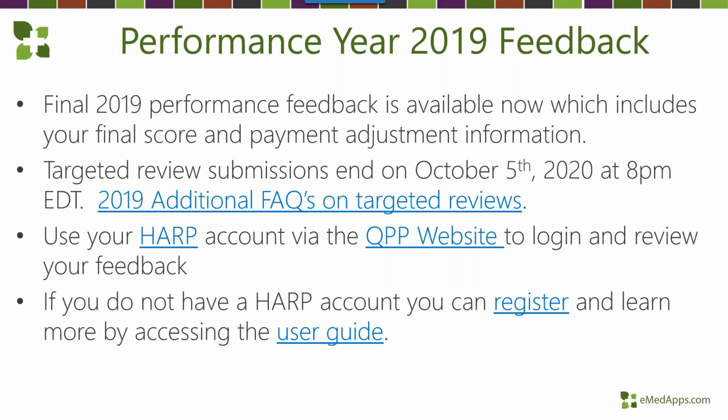But it's definitely a great time for you to make sure that what CMS has provided you in regards to your 2019 submission is reviewed, and you understand what you're getting and why. They do offer some information in there for you. Definitely want to log in and take a look at that.